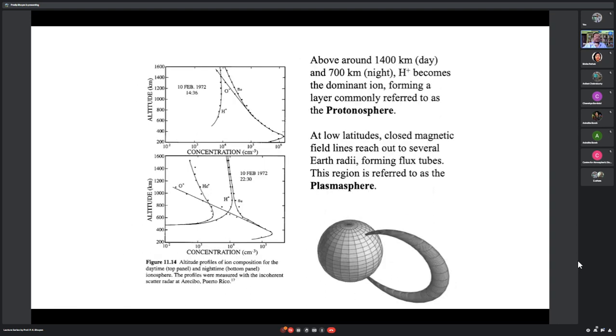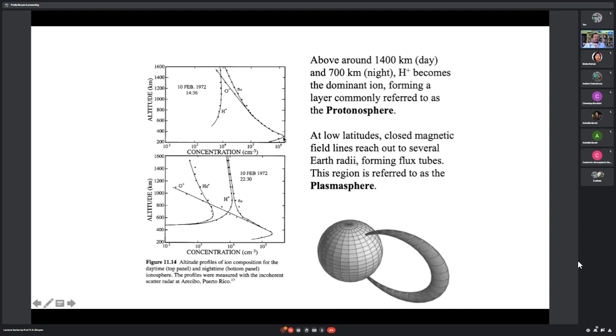So this is the concentration. You can see this is O plus. The y-axis is from 200 kilometers to about 1600 kilometers, and concentration per centimeter cube is 10 to the power 3, 4, 5, 6.